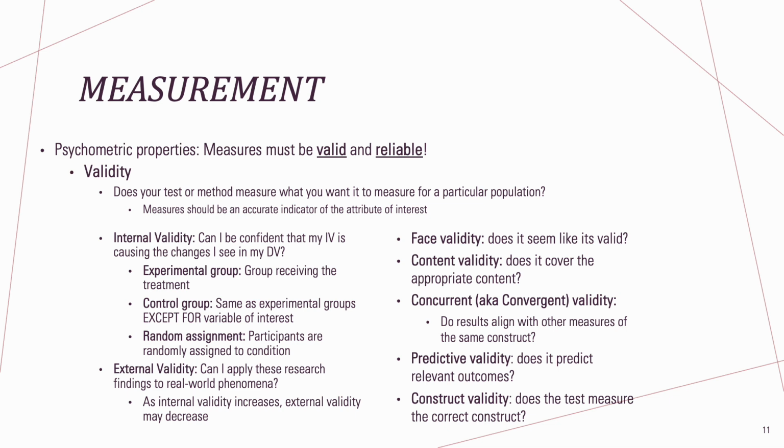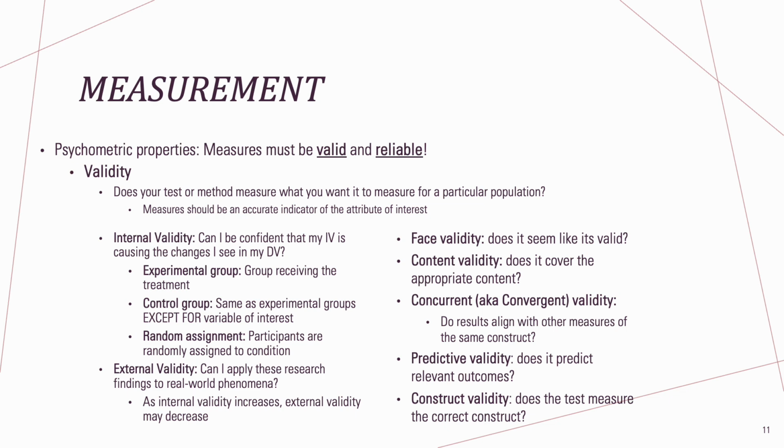So with that understanding in mind, the onus is on us as researchers to really select measures that have strong psychometric properties, given that we're already uncertain about the actual truth of whether or not we're measuring the theoretical construct of interest. There are many different types of validity or subtypes of validity.